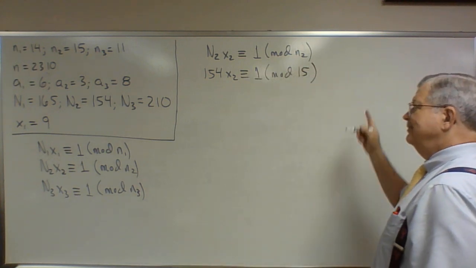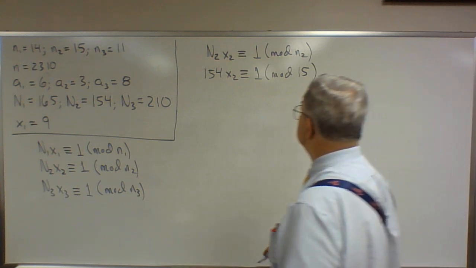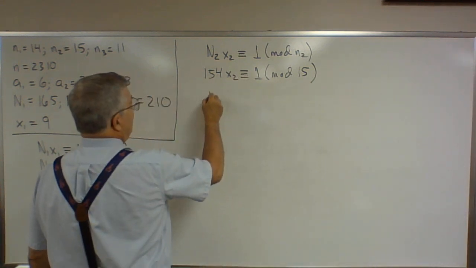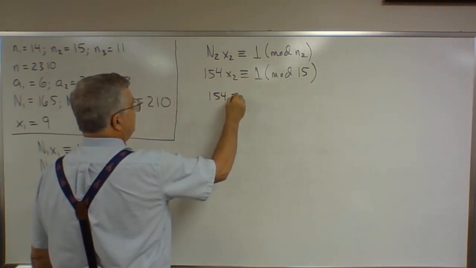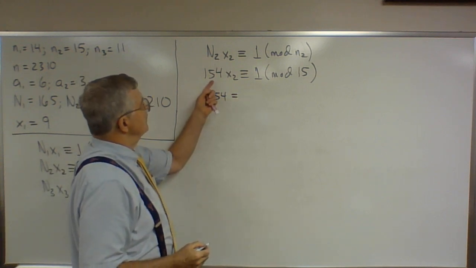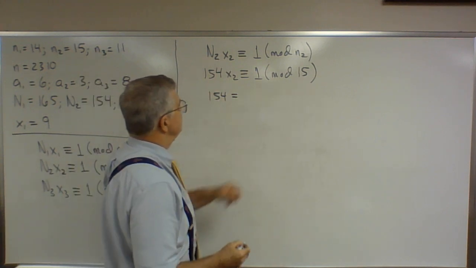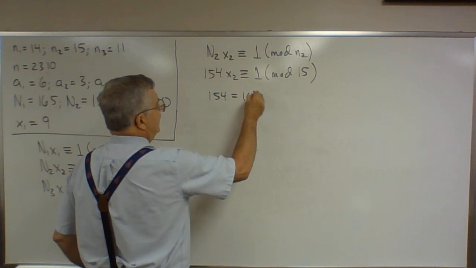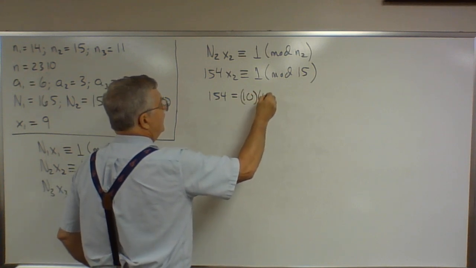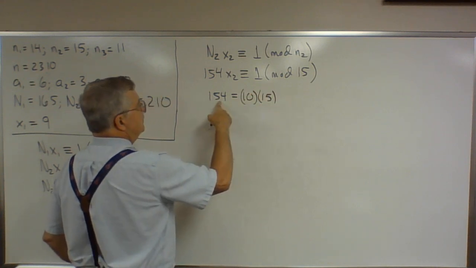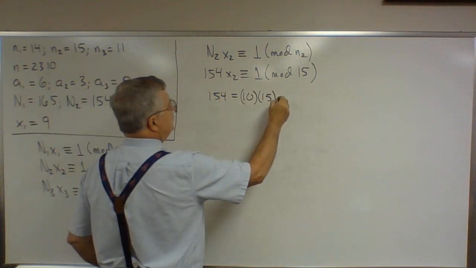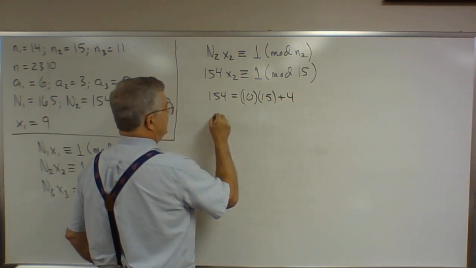And this one's going to be kind of easy. If we use the division algorithm on 154 with 15 as a divisor, 15 goes into 154 10 times with a remainder of 4.